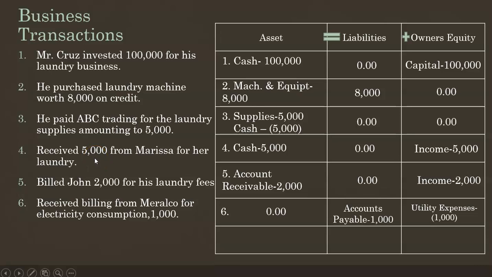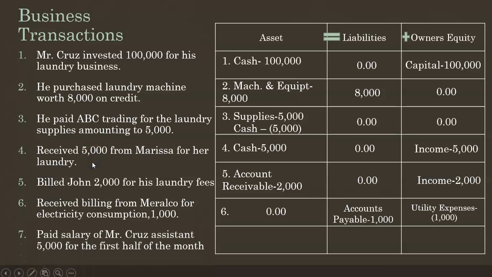Let us try transaction number 7. Paid salary of Mr. Cruz's assistant, 5,000 for the first half of the month. You see the word paid again, so this is very easy for you. You have cash of 5,000 deducted from your assets because you paid.